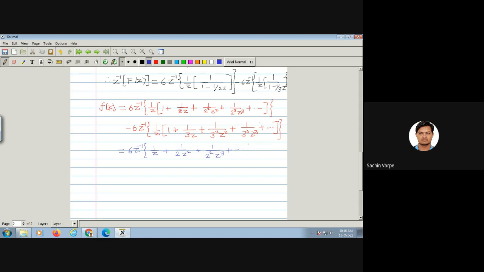These terms will be sufficient to get the coefficient. Minus 6 into inverse z transform of 1 by z plus 1 by 3 into z square plus 1 by 3 square into z cube plus and so on.